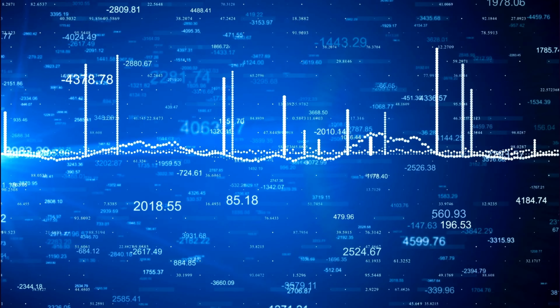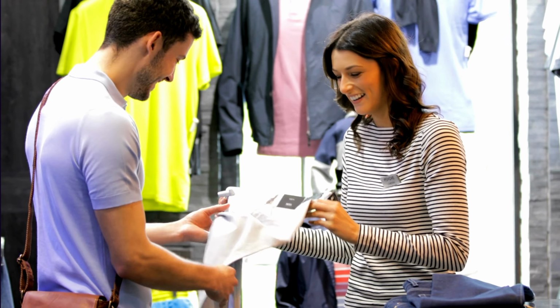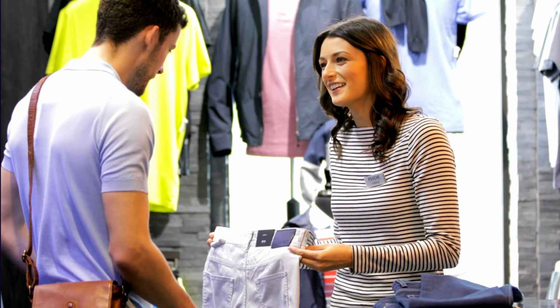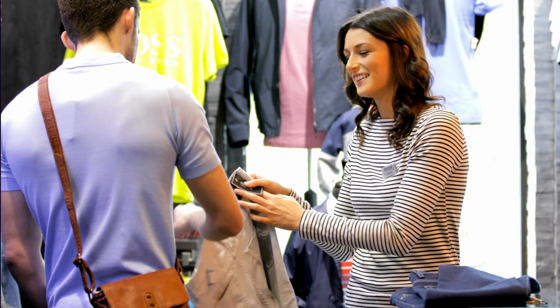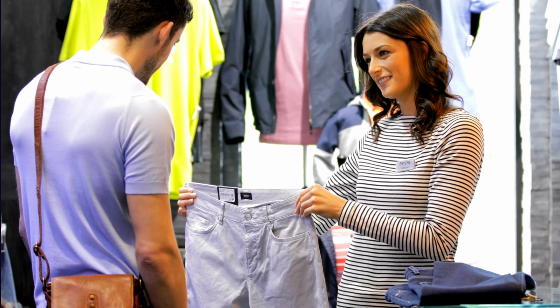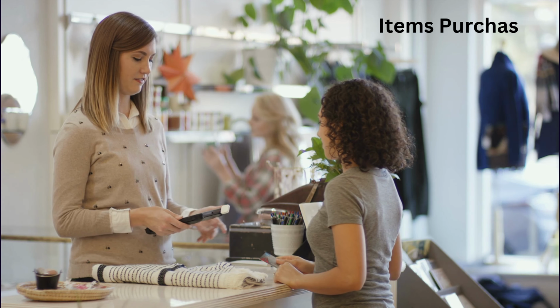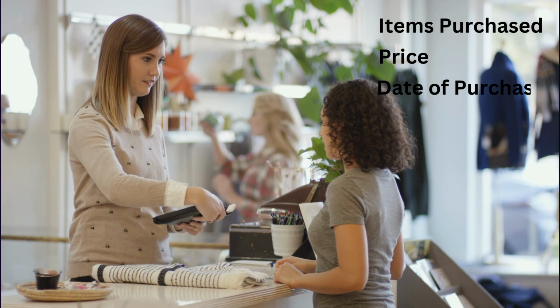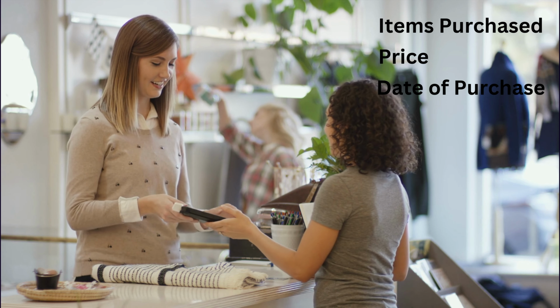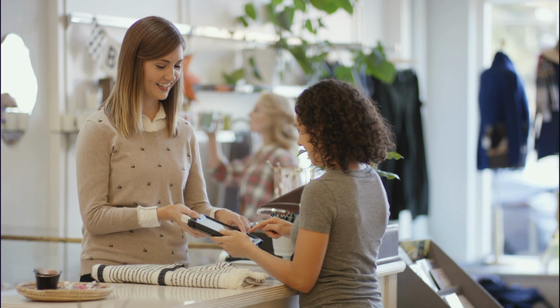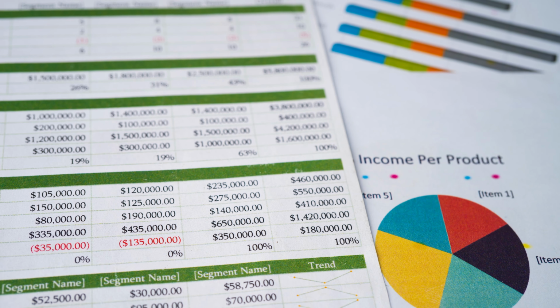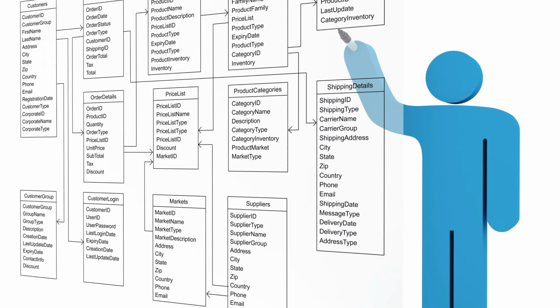on a day-to-day basis. So let's look at an example where we consider a retail store that sells clothing. The store collects data on its customers' purchases, such as the item purchased, the price of that item, and the date of purchase. This data can be collected in structured formats such as a spreadsheet or a database table.